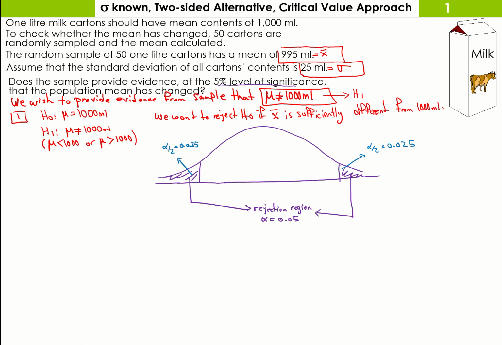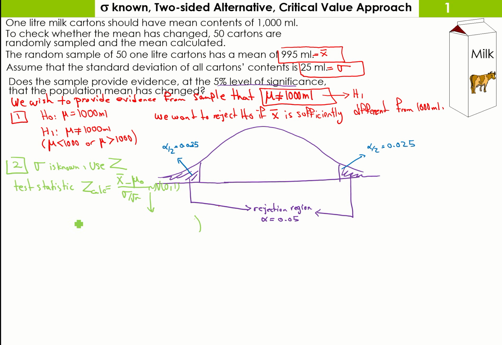Now we have to find the Z calculated. In order to find it, we have to see which distribution is useful. Since sigma is known in this question, we use Z. So the test statistic here is the Z calculated equals X bar minus mu 0 over sigma over square root of n, and this is normally distributed.